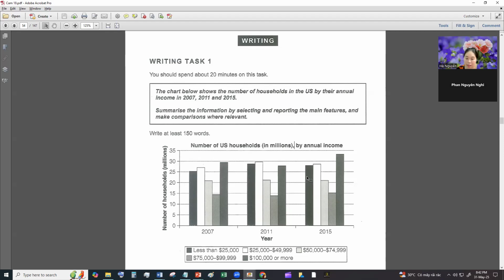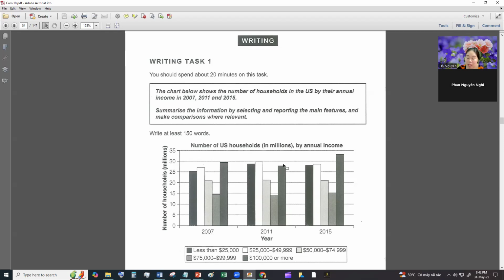The other ones decrease, then increase, or slightly stay the same. Okay, so I would suggest you try grouping according to the trends of the income level, the groups that increase and decrease, and the groups that decrease and increase or stay the same. So you can think about that and try to use the approach that is most logical for you.